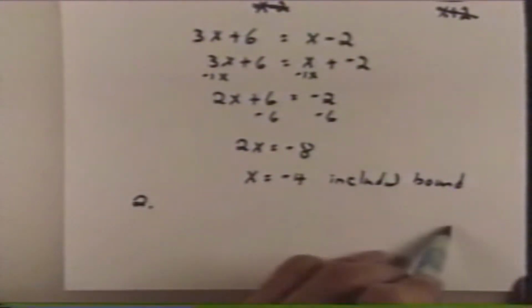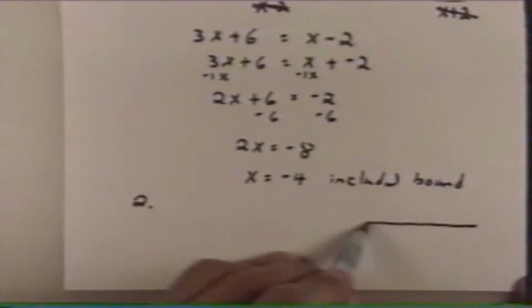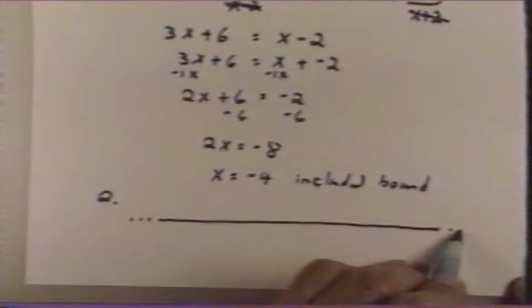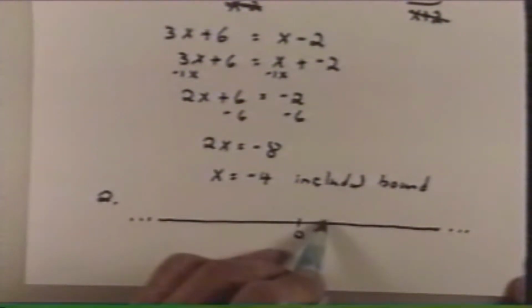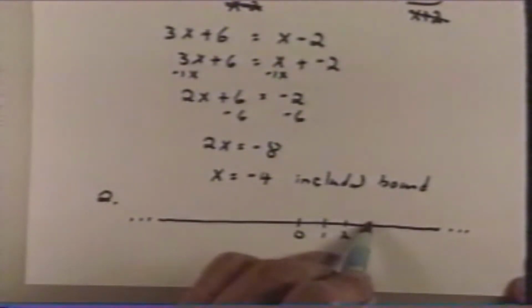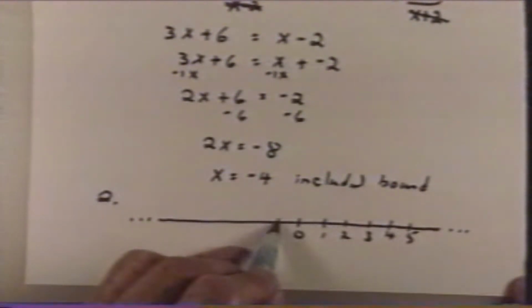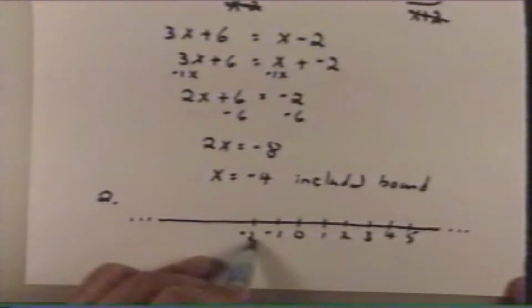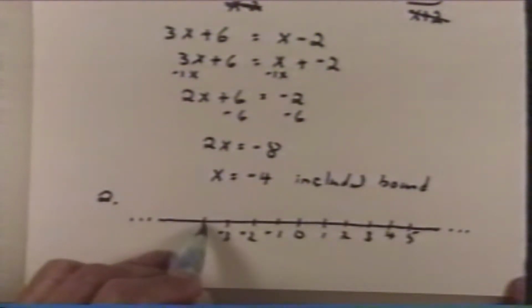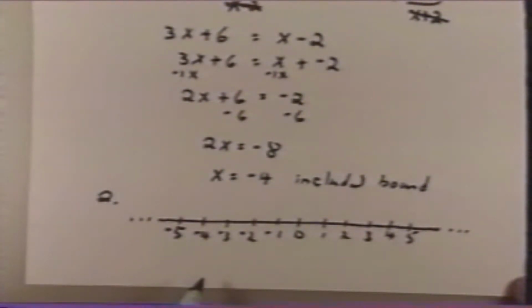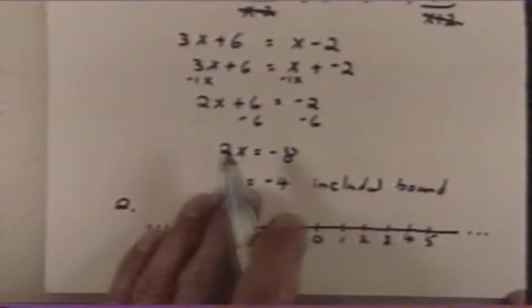So step 2 is to put the boundaries on the number line. Zero, so here we have 1, 2, 3, 4, 5, -1, -2, -3, -4, -5. 2 and -2 are excluded boundaries.